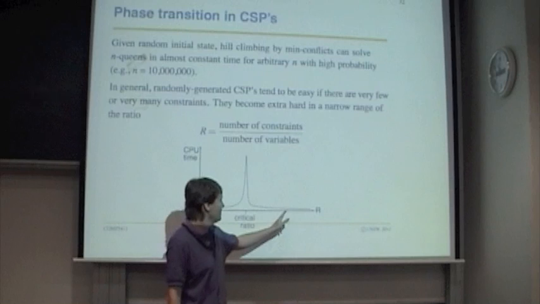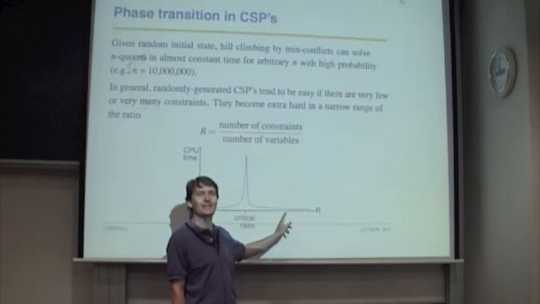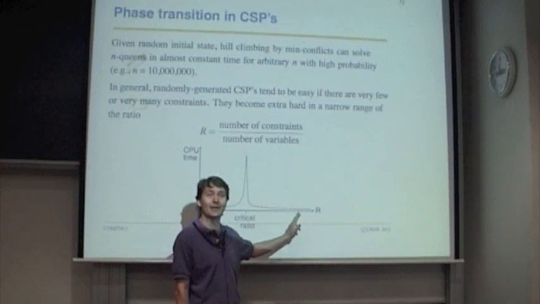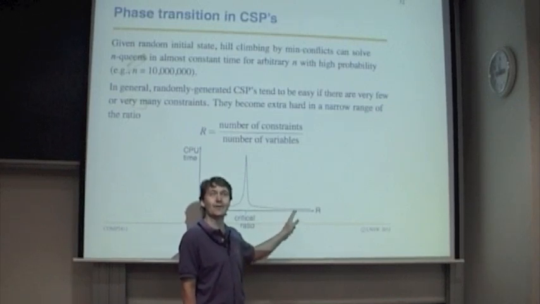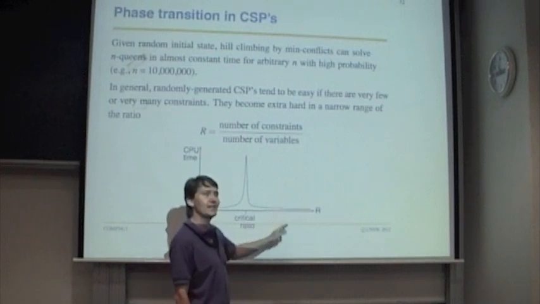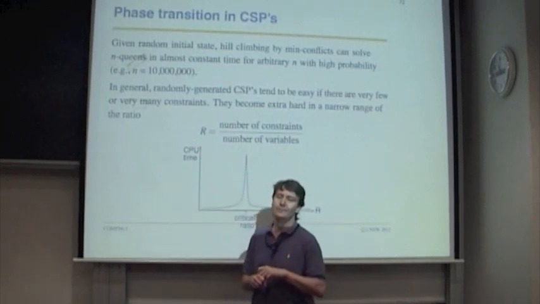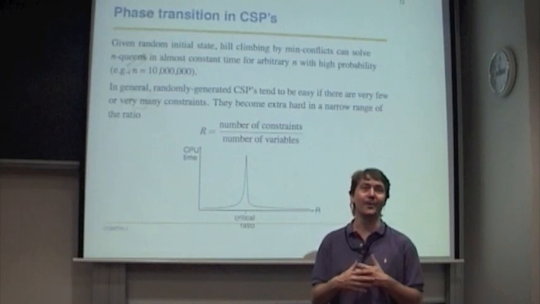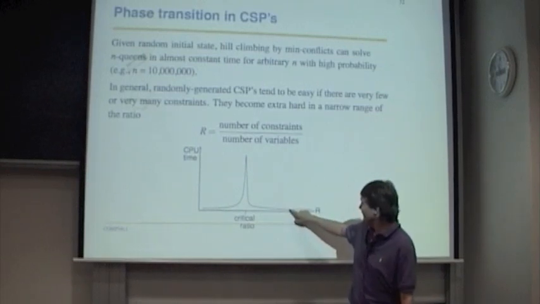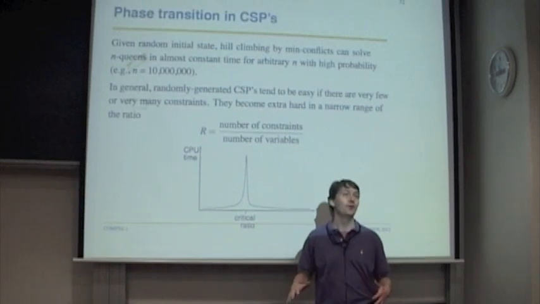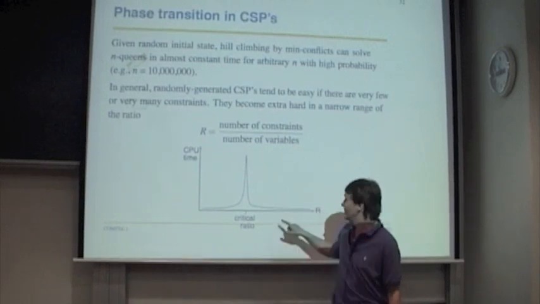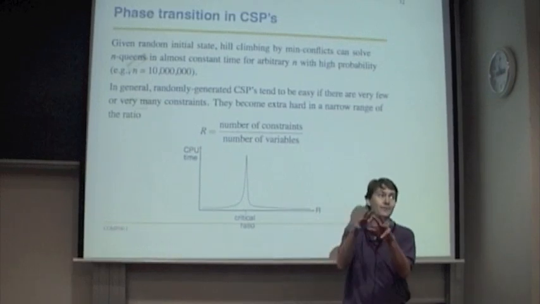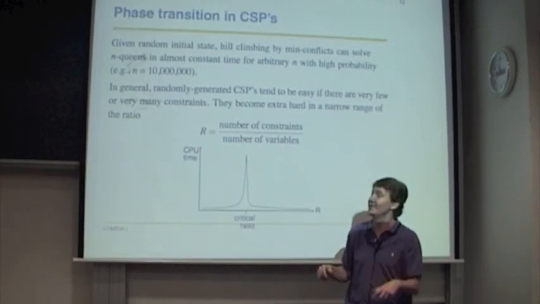Now similarly, if there's a very large number of constraints, the problem also becomes easy, perhaps paradoxically. The reason is those extra constraints guide the search very effectively. And when I do my backtracking search, branches are going to get pruned off very quickly because the constraints are going to give me very few options at each stage.